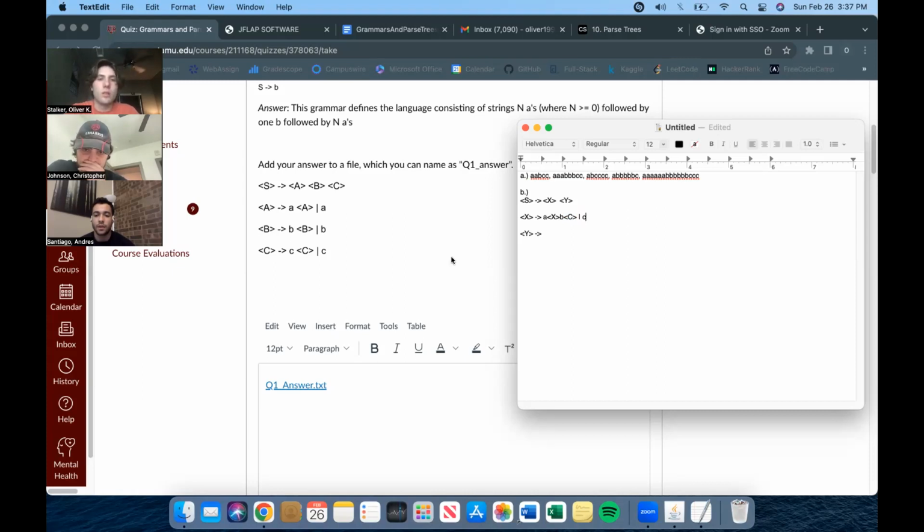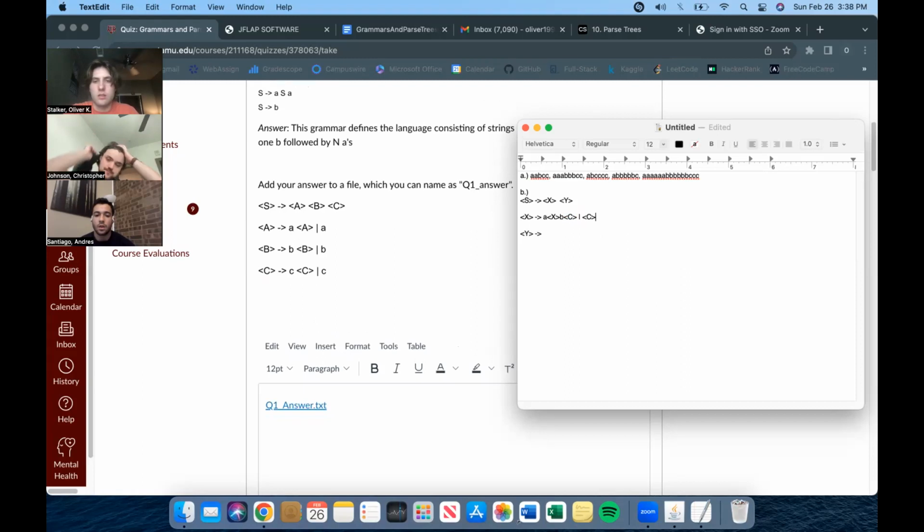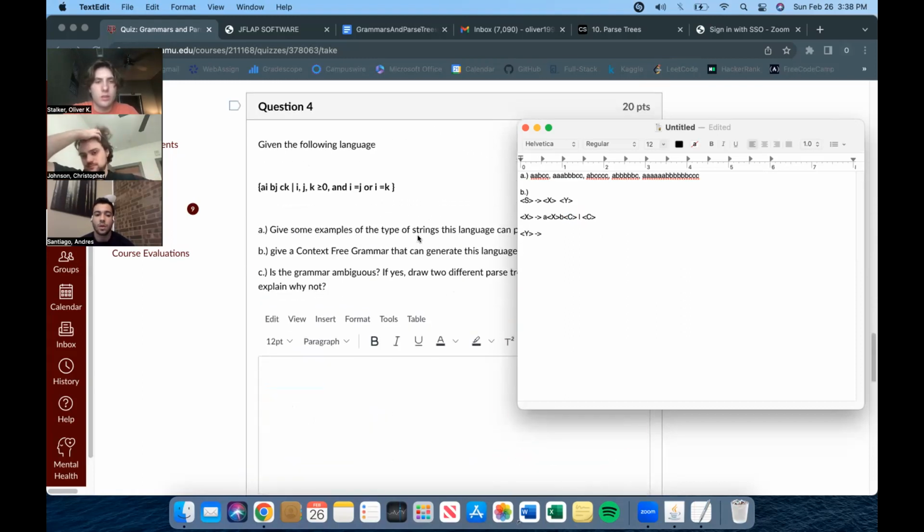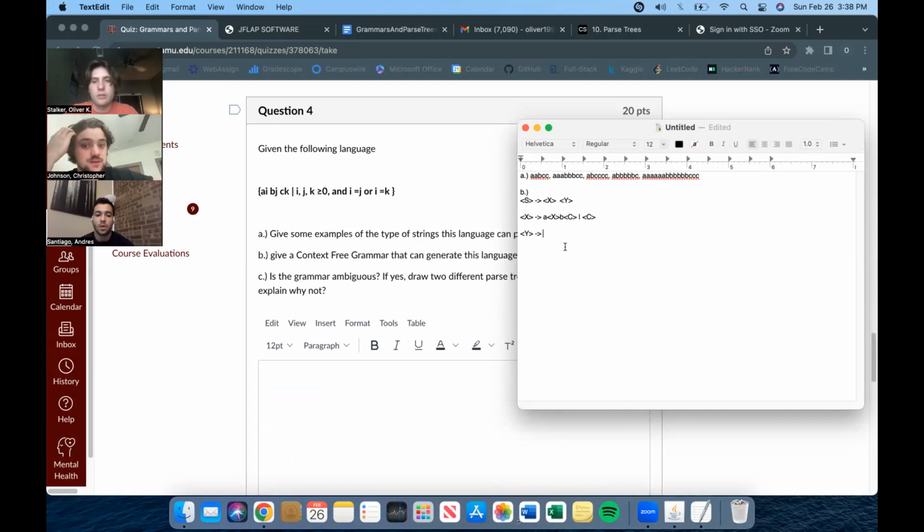The bracket C. Did it say that? Oh wait, this is question 1. There we go. As long as bracket C gets defined, it doesn't matter. And then bracket C either just points to C or a null character. Okay, so that seems robust in printing out our C.